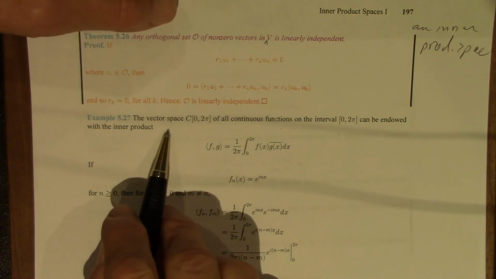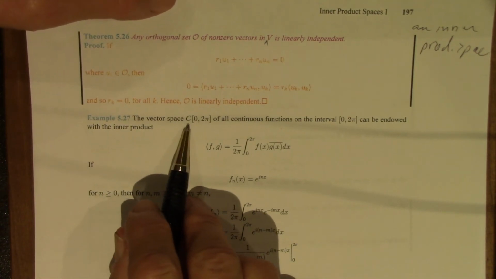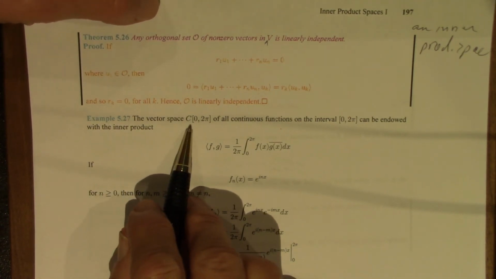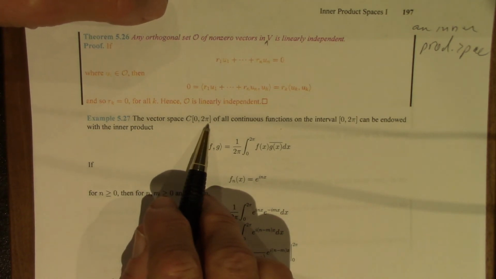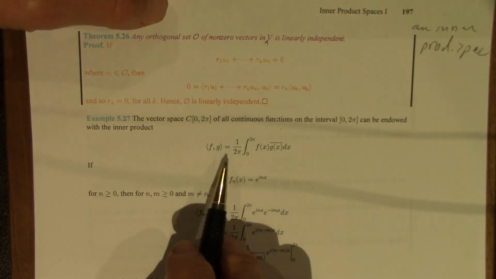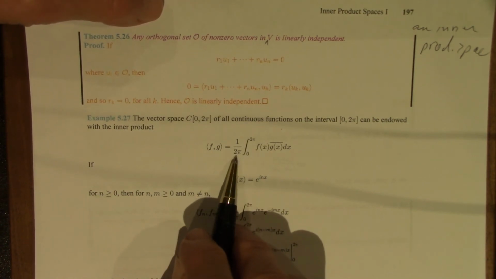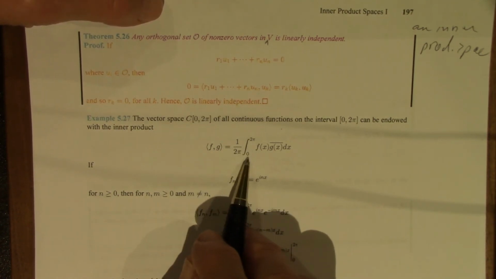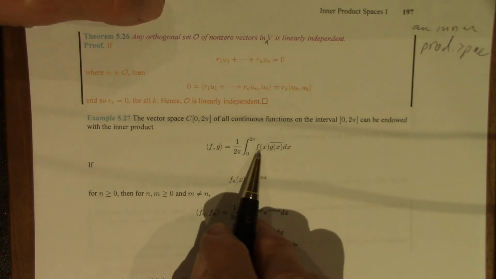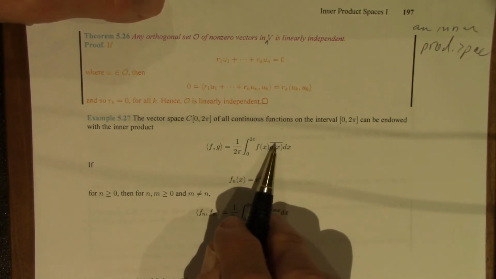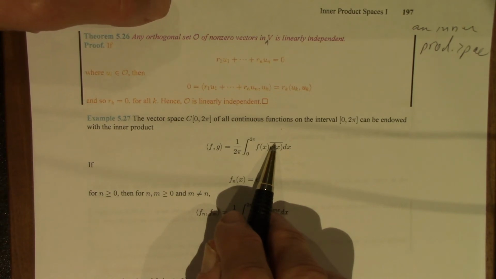For example, here is the vector space of continuous functions on the interval 0 to 2 pi. This is an inner product: 1 over 2 pi, integral from 0 to 2 pi, f of x, g of x, bar, complex conjugate.